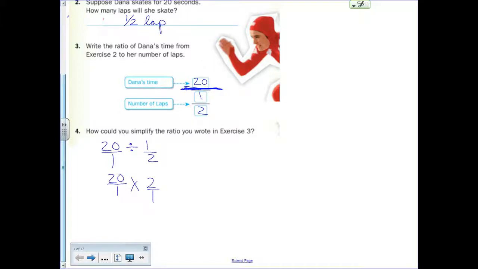And actually what we end up with is 20 times 2, which is 40. So we end up with 40 over 1, 40 seconds to 1 lap.